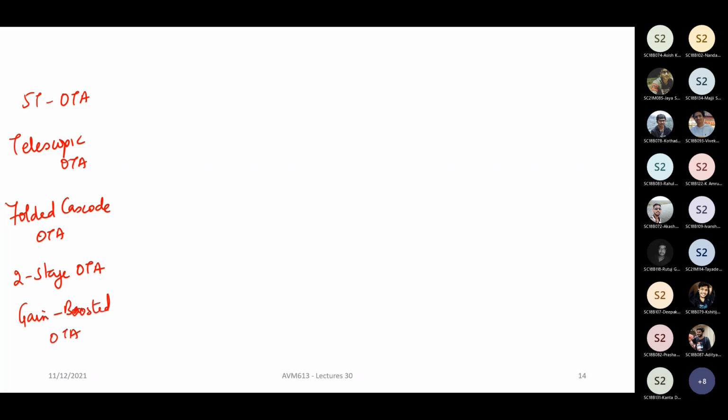These are all the different things that we have seen, and we are looking at gain, output swing, speed or bandwidth, power dissipation, and noise. These are the things we are interested in.